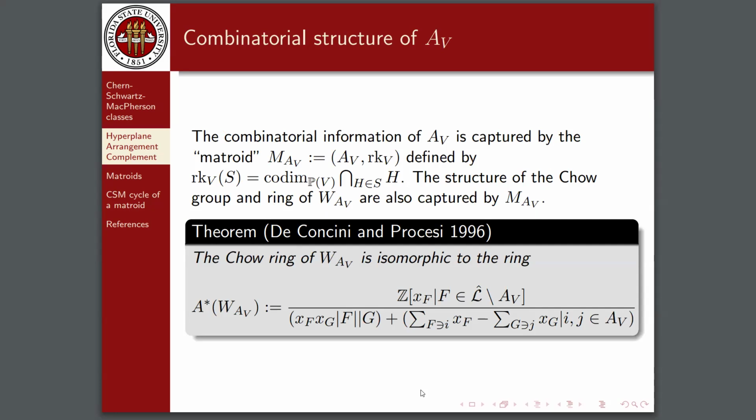A matroid, we will see later, is a pair of a set and a rank function. In this case, what we would like to generalize in the concept of a matroid is the rank function that assigns to a subset of hyperplanes the codimension of their intersection. Then the structure of the Chow ring of the wonderful model in terms of this matroid is given by all integer polynomials, polynomials with integer coefficients, on variables x_F, which are the subsets of hyperplanes cutting out specific geometric flats of the hyperplane arrangement, modded out by the two relations I mentioned.